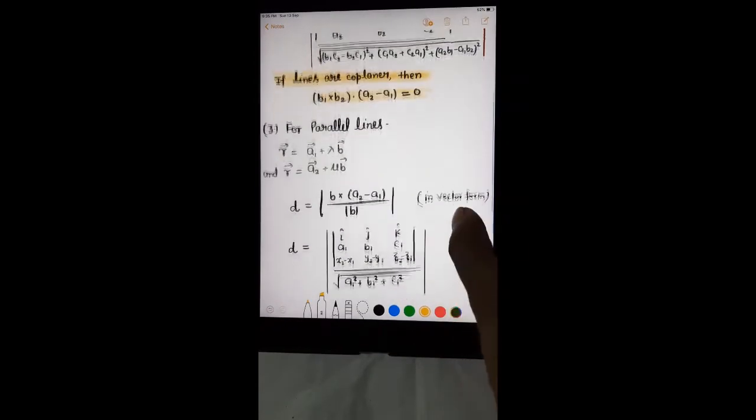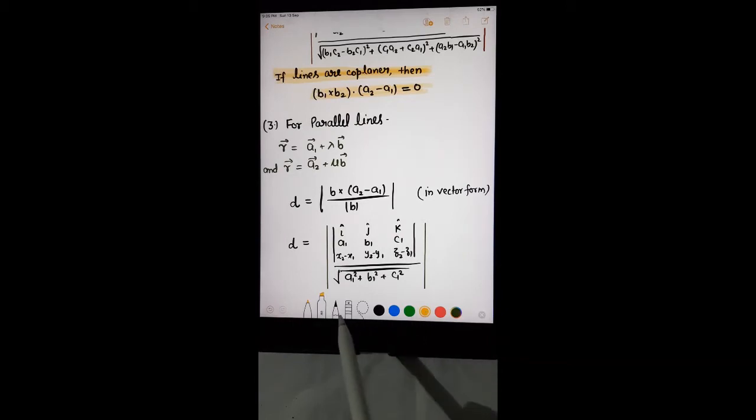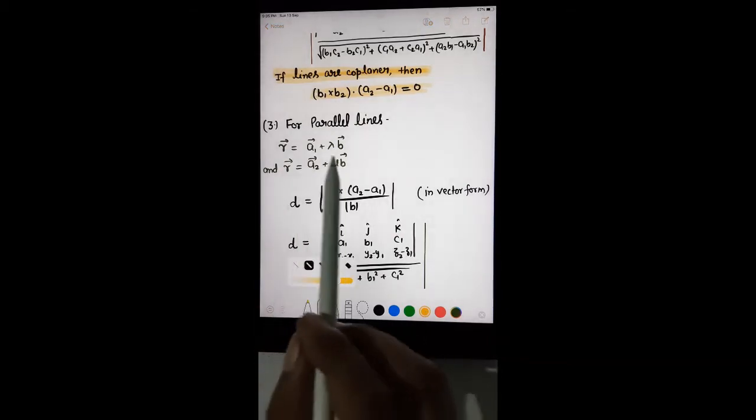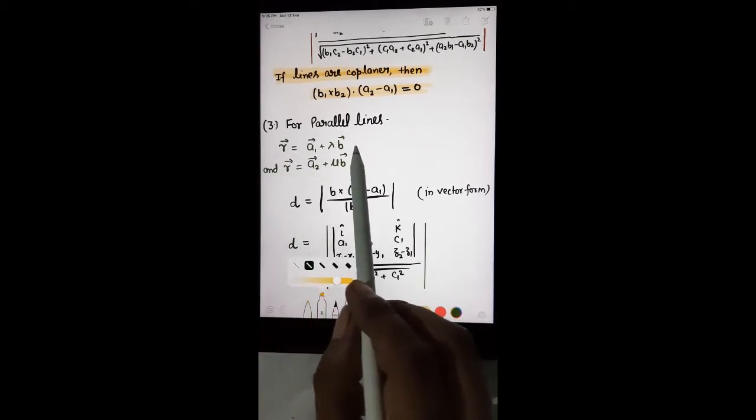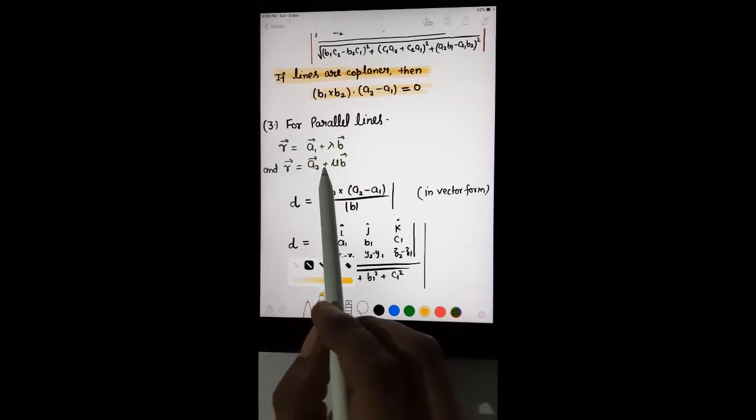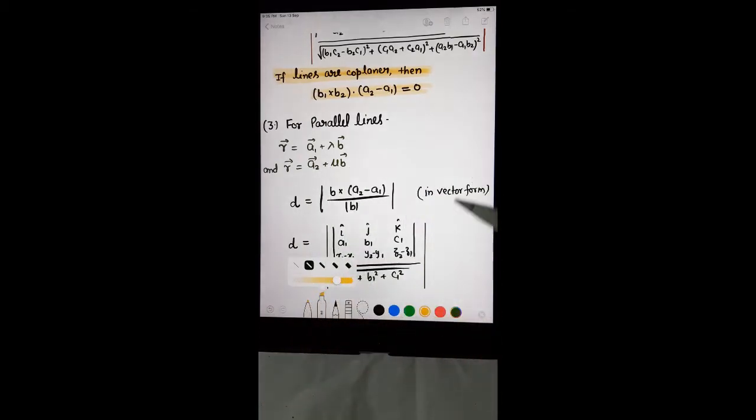Now the third situation, for parallel lines. If two lines are parallel, then let the equation of the lines be r equals a1 plus lambda b and r equals a2 plus mu b. Because the lines are parallel, they are parallel to the same vector b. That's why we have taken here b only, not b1 or b2.